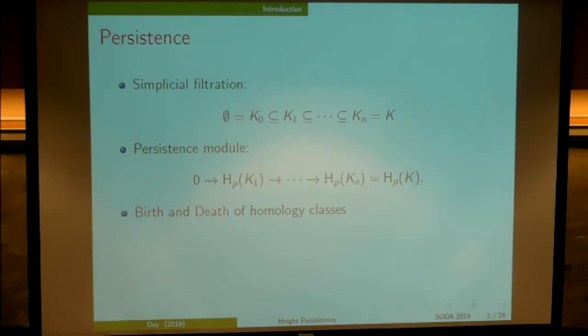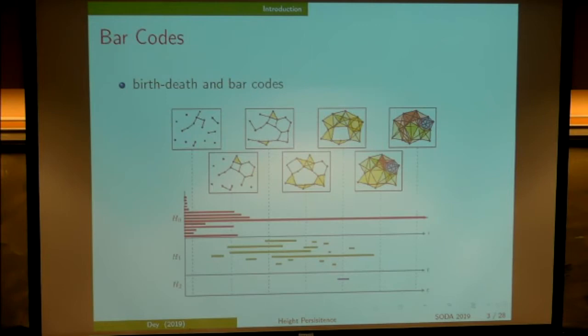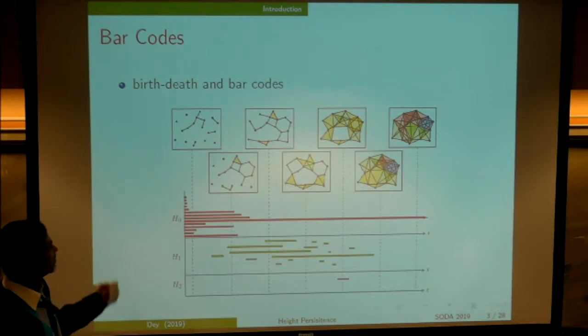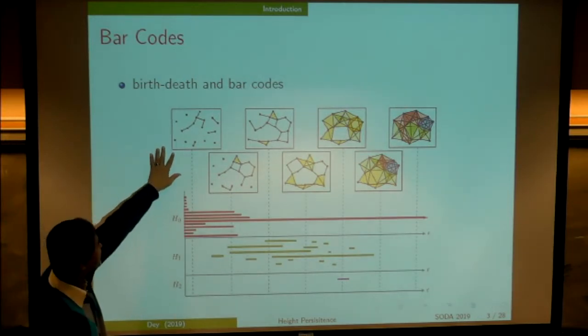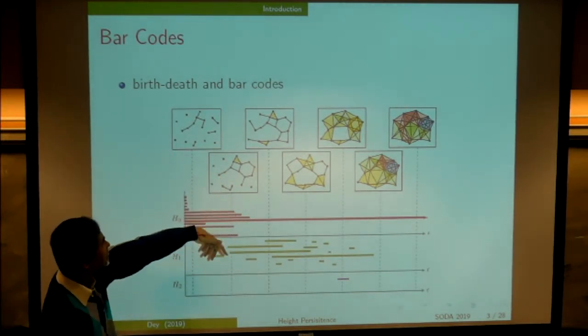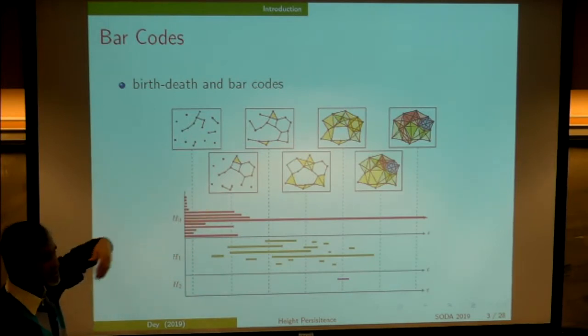Okay, so this is the simplicial framework, right? And here is the very well-known cartoon picture by Bob Ghrist. I think he put it on the web. I stole it from there. This is a simplicial complex which is growing, most likely a Rips filtration.